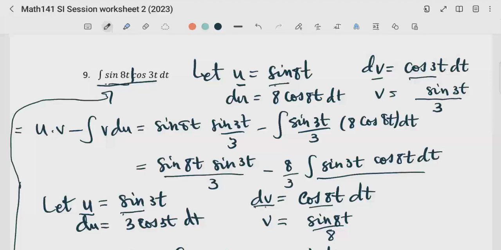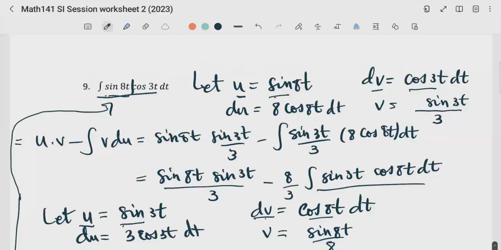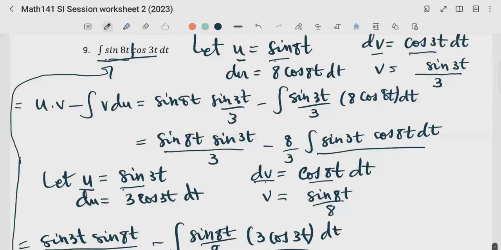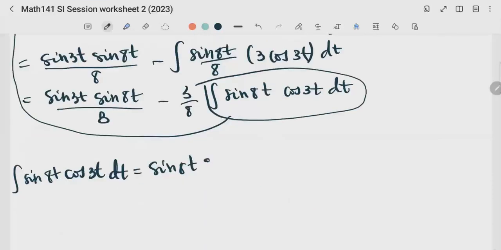So the original integral, which was sine 8t times cos 3t, we found to be equal to the first part here, which was sine 8t, I think sine 3t divided by 3, minus 8 over 3 times that entire integral, which we just found to be this thing.